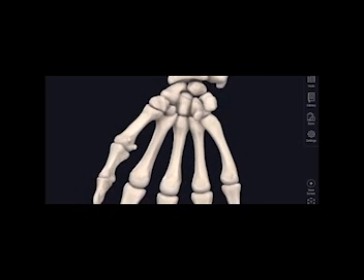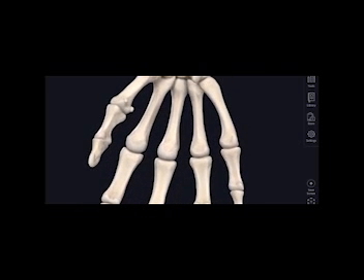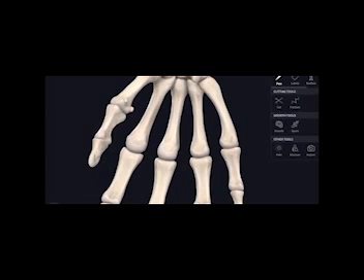So moving on to the metacarpophalangeal joint. Okay, so these are the metacarpophalangeal joints, and as the name suggests, it's between the metacarpal and the phalanx, the proximal phalanx, right? And these joints are condyloid joints, meaning that flexion and extension, and abduction and adduction occur in this particular joint.